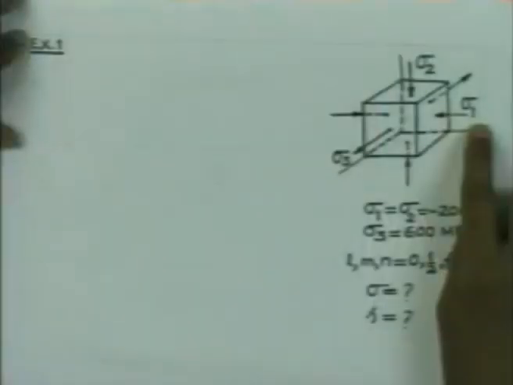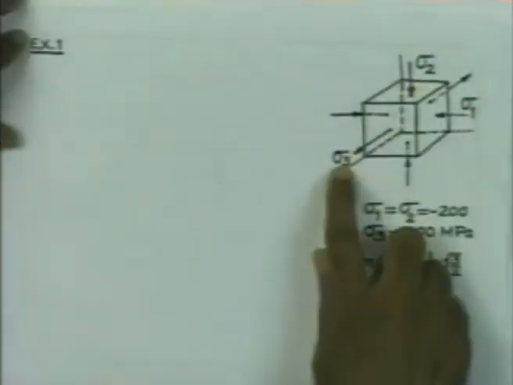Let us then consider one example wherein the state of stress was given in terms of a tensor involving 9 components, and the principal stresses and their directions were determined. Let us consider that this is the principal stress direction 1, this is 2 and 3.